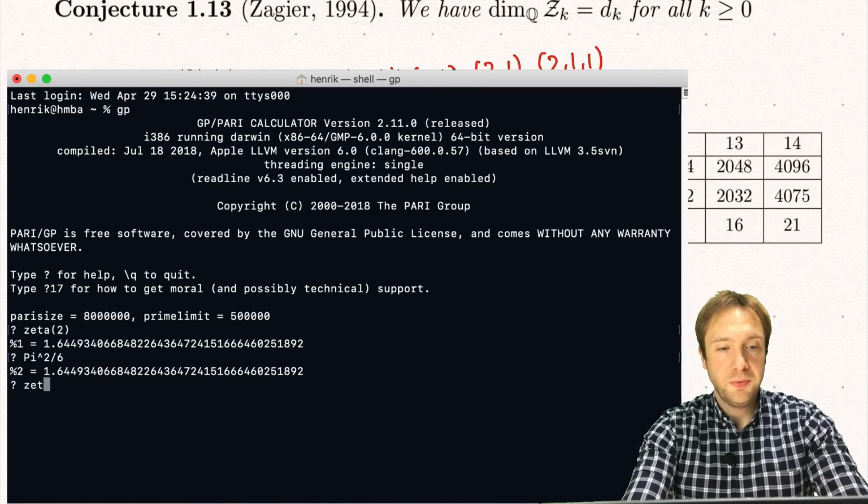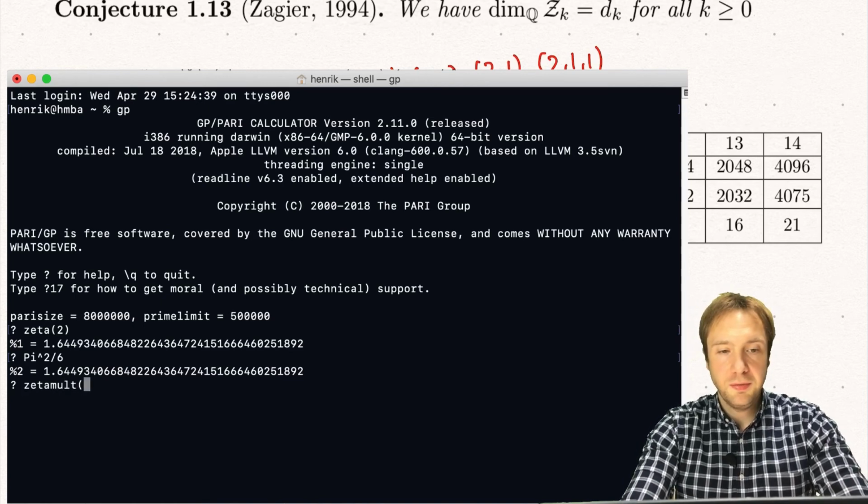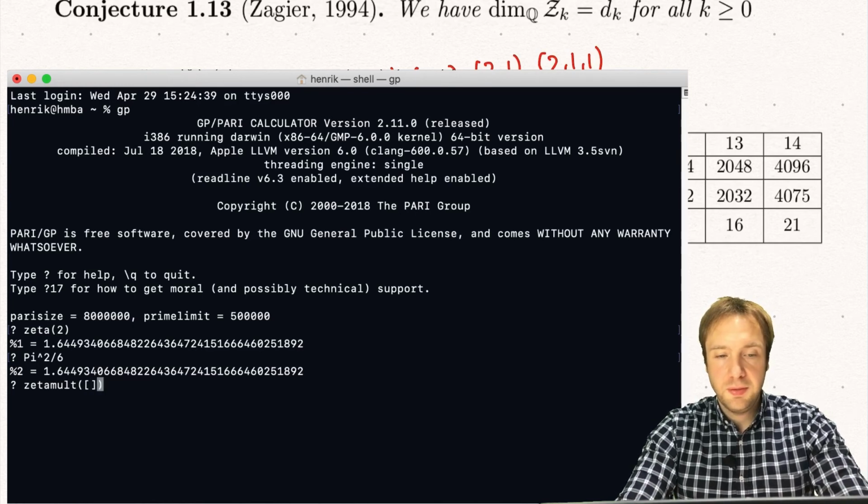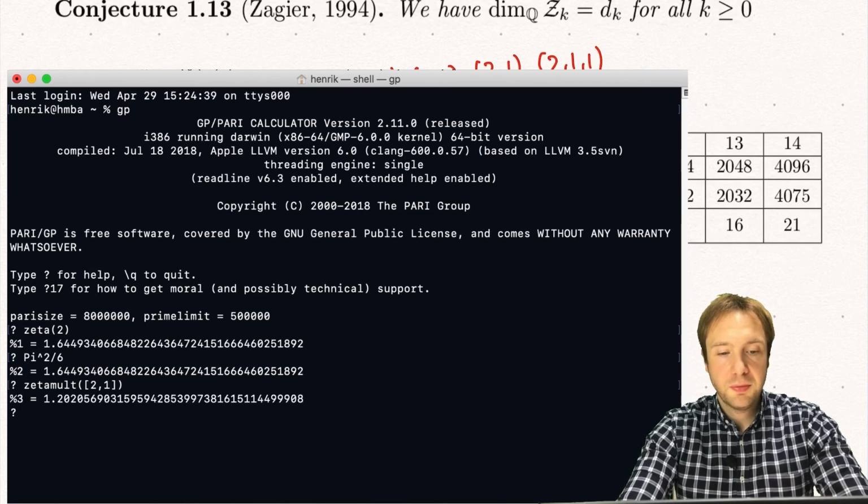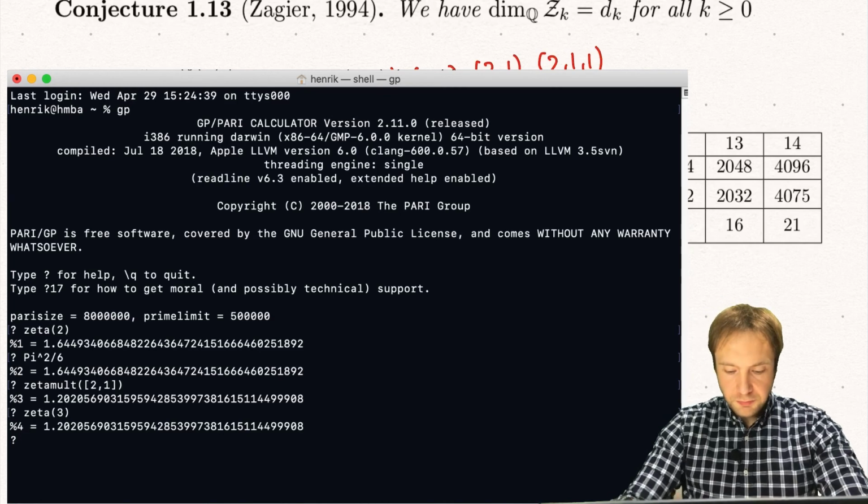Multiple zeta values are defined like this: zetamult, which is a function, and then you give it an array. An array in Pari is given by these brackets. So for example, zetamult([2,1]) is this, and this should equal zeta(3).